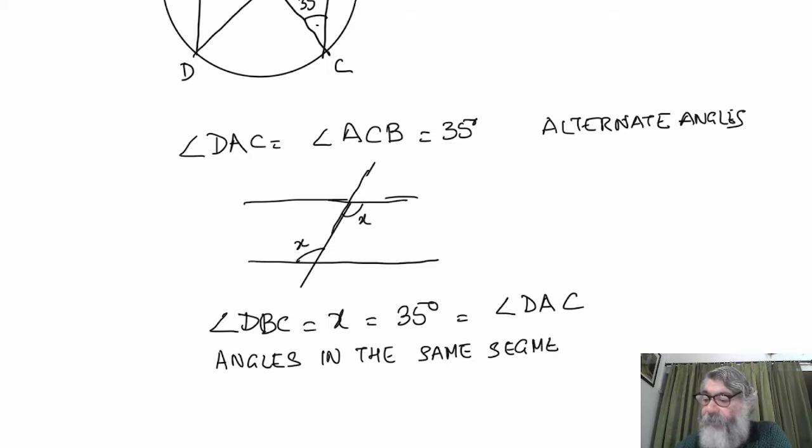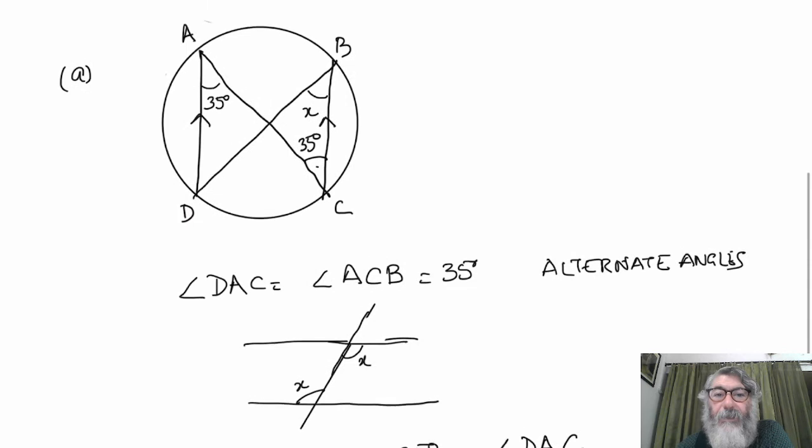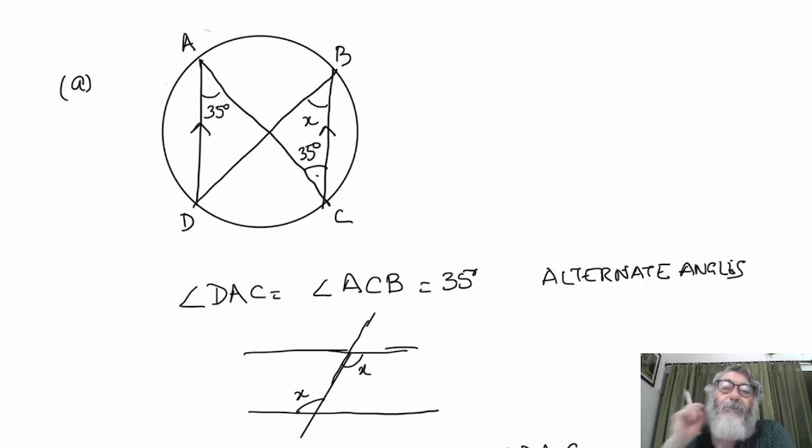You can notice that first of all, AD was parallel to BC, so using the property of parallel lines, that if two parallel lines are cut by a third line, then alternate angles are equal, which I have shown by drawing parallel lines also.